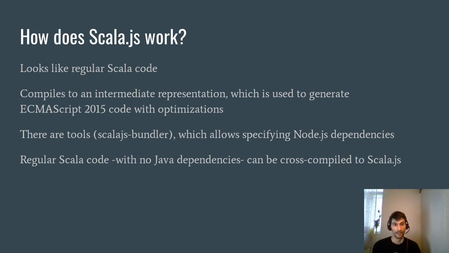And we have the nice feature of Scala.js that we can use regular Scala code where we have no Java dependencies, and a lot of the libraries already cross-compile to Scala.js too, some of them even to Scala Native.